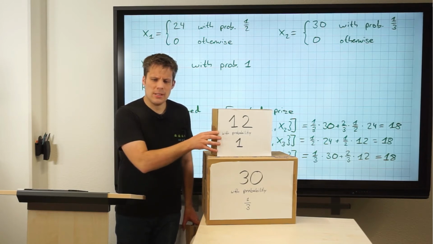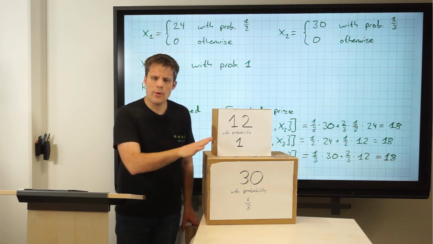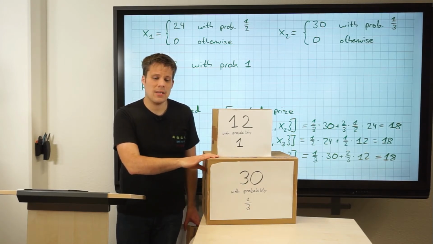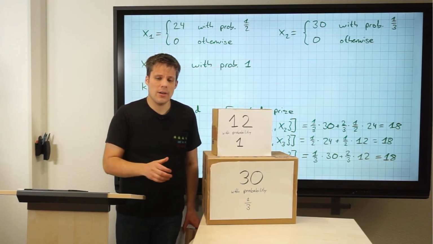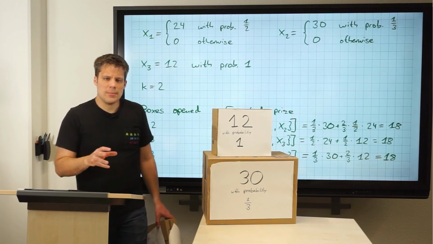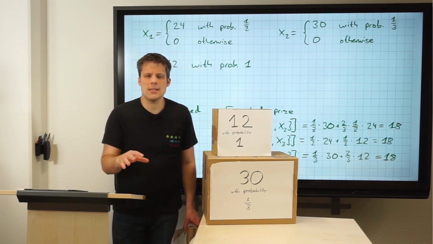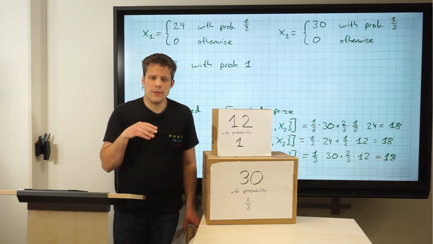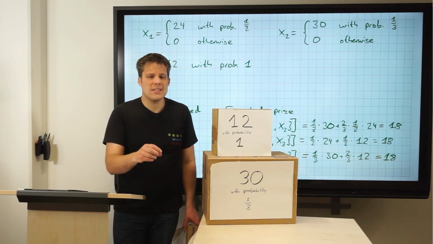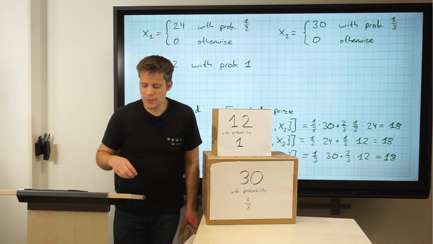Well, then certainly you would take the 12, which gives you more than the 10 that you're getting out of the other box in expectation. So rather than being non-adaptive and fixing in advance which of the two boxes you'll open, it is a better policy to first open one box, see what's inside, and then to adapt your decision based on what you find inside.